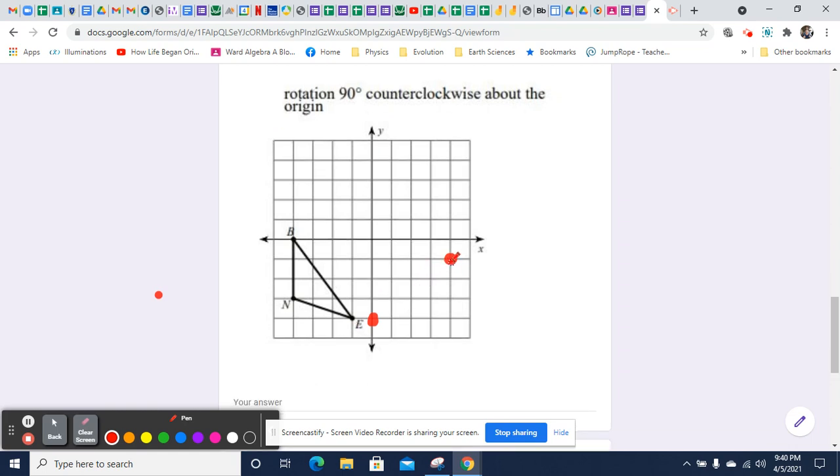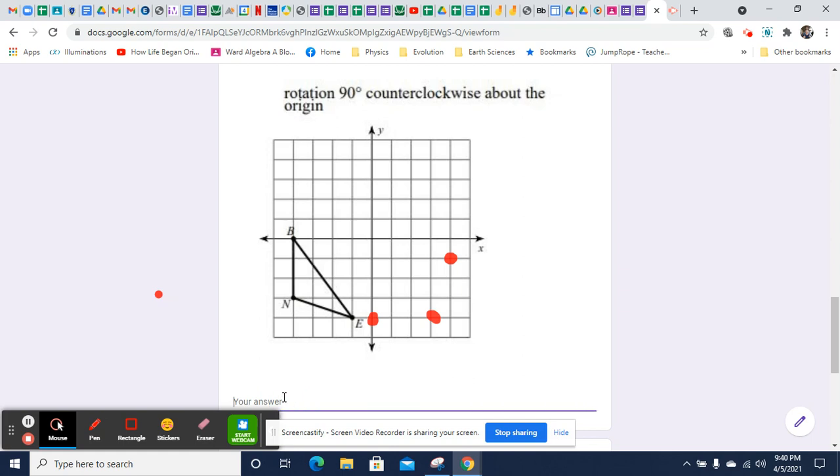So this became 4, -1 instead of -1, -4. The N is also going to switch position. It's currently at -4, -3. So it's going to be 3, -4, like that. So the x and y positions are swapped, but the x values changed their sign.